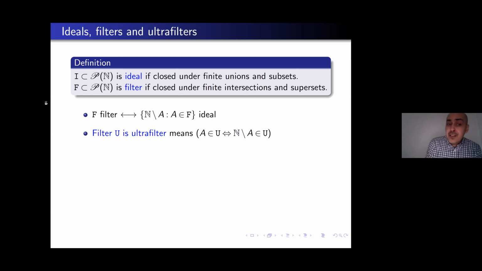Let me recall that a filter is an ultrafilter if it selects from every set and its complement one of them. So whenever I get a partition of my set into two sets, one of them must belong to the ultrafilter and the other doesn't, because it's not possible that both of them do. And it's easy to see that if you combine this with the definition of filter itself, this is actually equivalent to saying that the filter selects a set from every finite partition of the natural numbers.